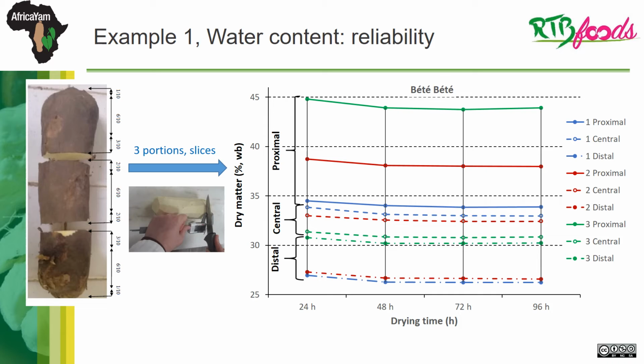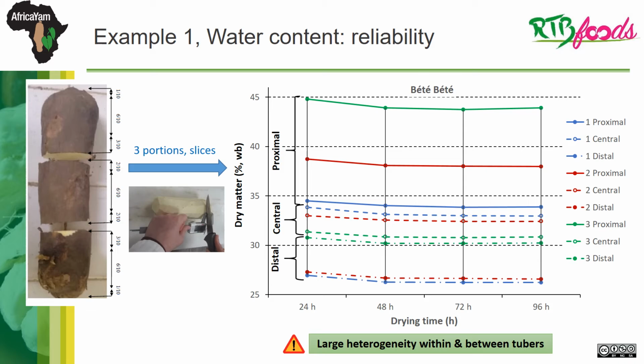Here you have 3 tubers, the blue one, the red one, and the green one. And you can see, for example, for the proximal part, that there is a large variation due to the variation between tubers. So there is a large heterogeneity of water content within tubers and between tubers.